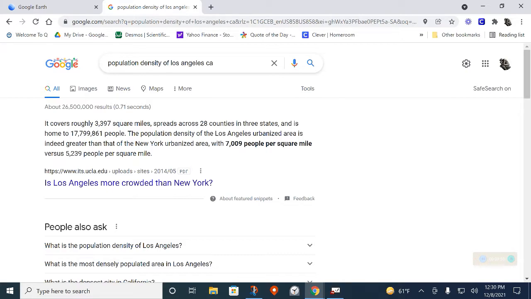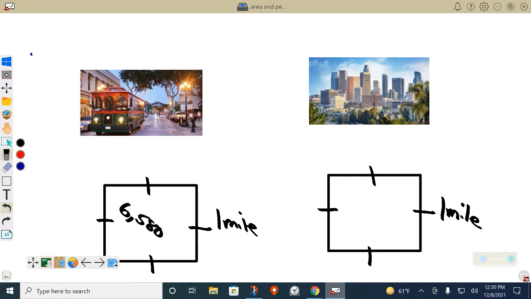So 7,009. So every square mile of LA, there's 7,009 people. And that's what population density is, it's the packedness, how packed an area is.